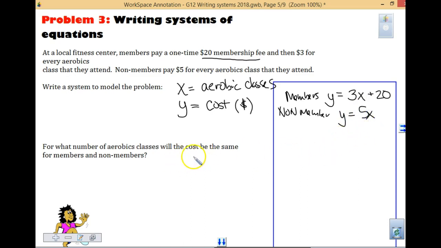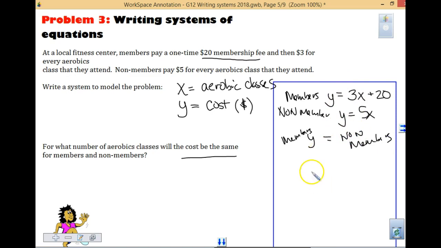The question said, when will the costs be the same? So we're trying to find out when our cost, which is y, when the y for members equals the y for non-members. I had someone tell me they would have done this with elimination.